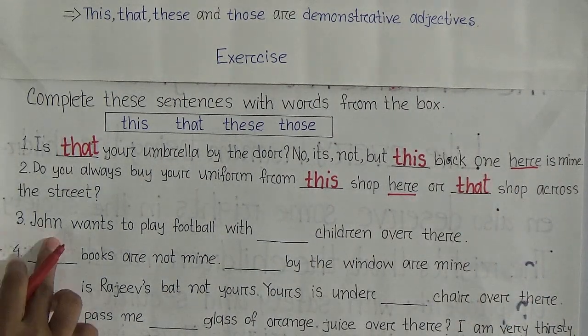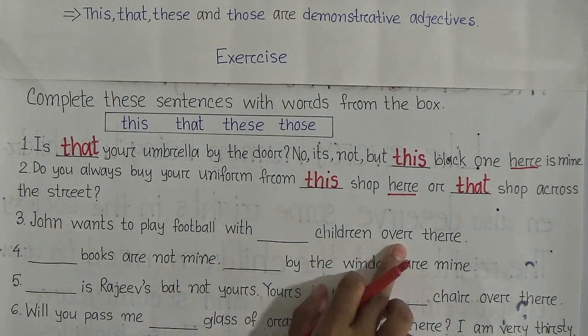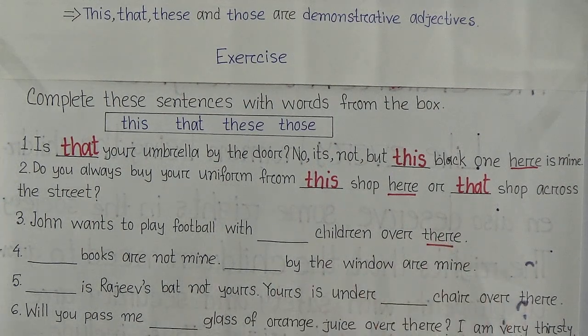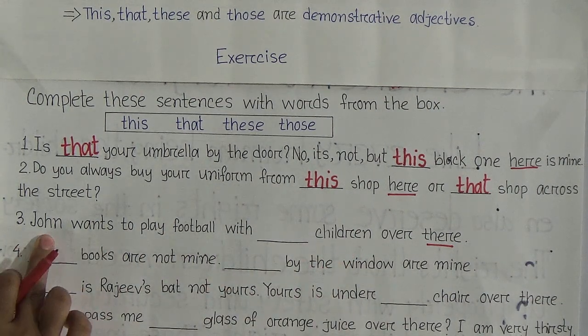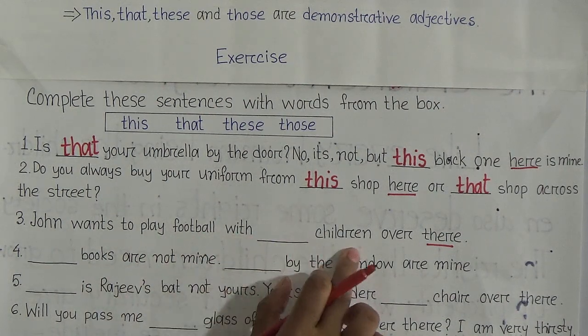Number 3, John wants to play football with dash children over there. Here we find "there" and children. Children is plural. And we are talking about John. John wants to play football with dash children.